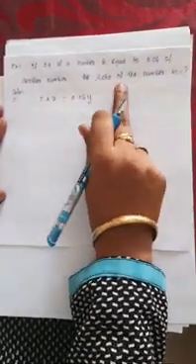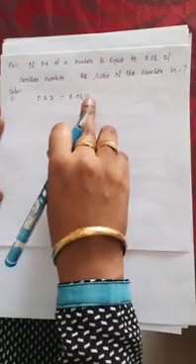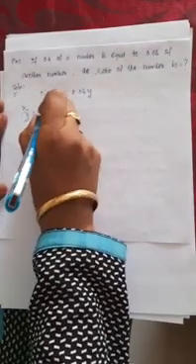We have to find the ratio of the numbers, that is x is to y. So 0.4 of x, that is x by y, x by y is equal to 0.06 by 0.4.